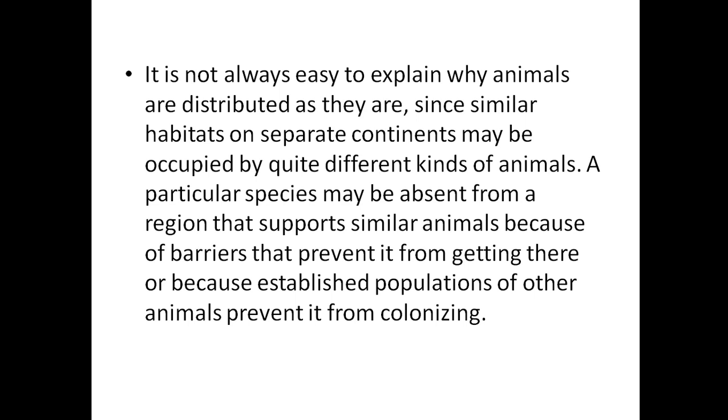The best possible answer anyone can give is that this animal fails to cross the barrier, or in other words, there's a barrier which prevents this particular species from going and getting colonized.